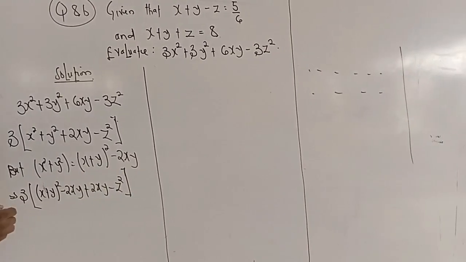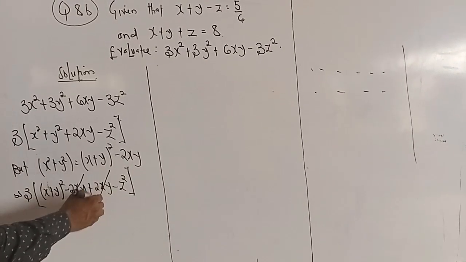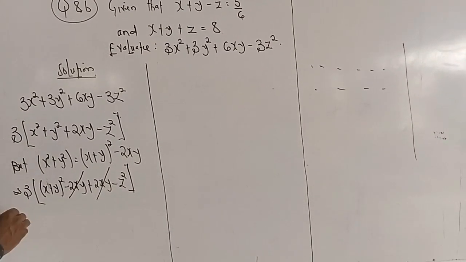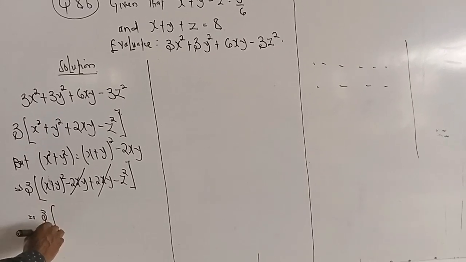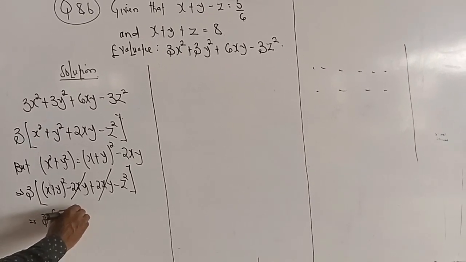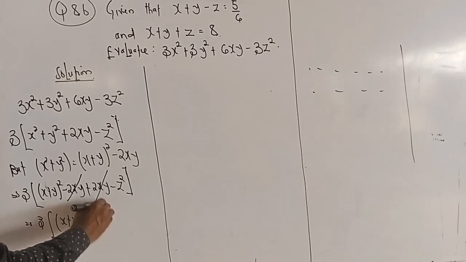So the two terms, minus 2xy plus 2xy, will cancel each other. So we are left with 3 into open bracket x plus y all squared minus z squared.